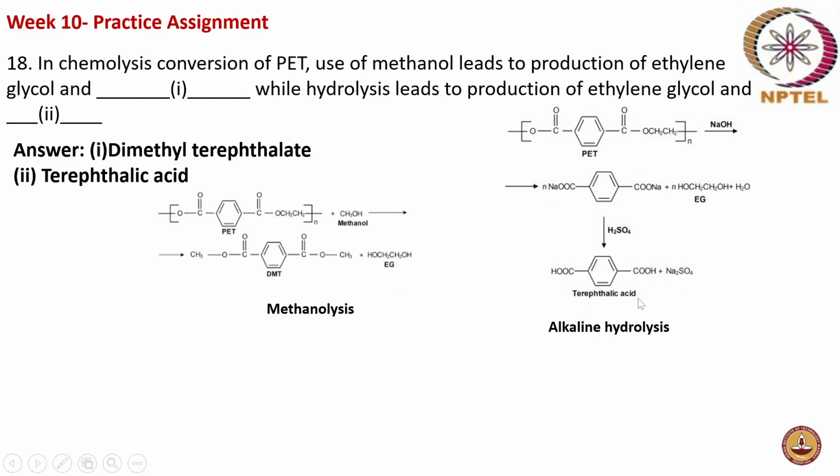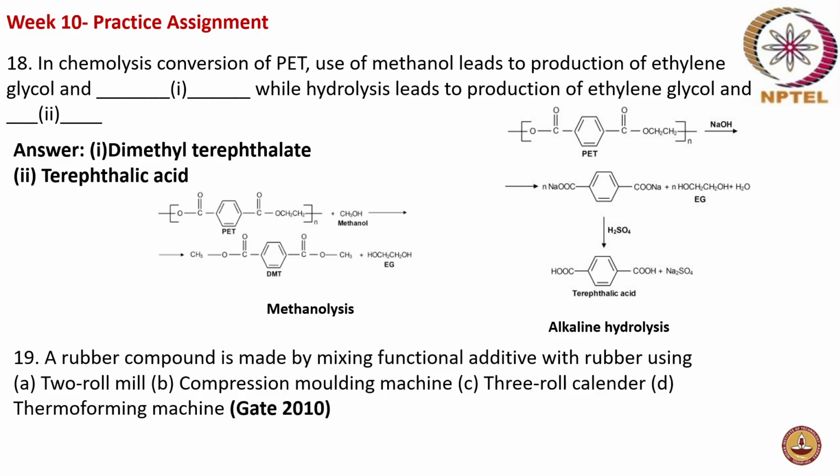Hydrolysis can happen in the presence of acid or in an alkaline medium as well, and you end up with the acid compound. So we can identify that you end up with different monomers if you use different chemicals for breaking a polymer.